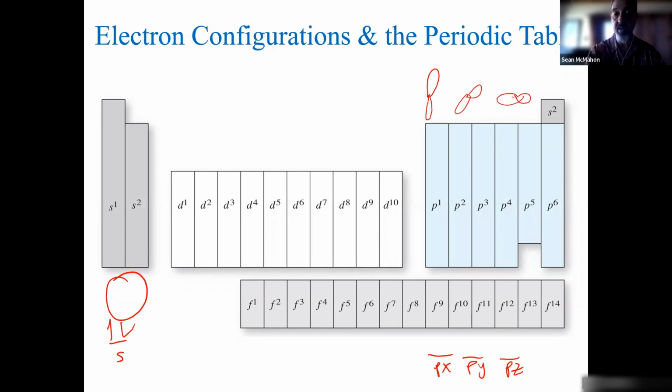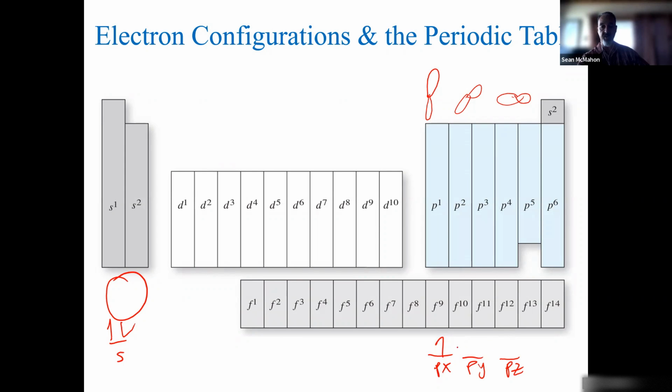And we'll learn that we're going to be filling this up. According to Hund's rule, you put an electron in an empty orbital in the same sublevel first, because you want to minimize repulsion. So the first electron in a sublevel is going to go into an empty orbital.